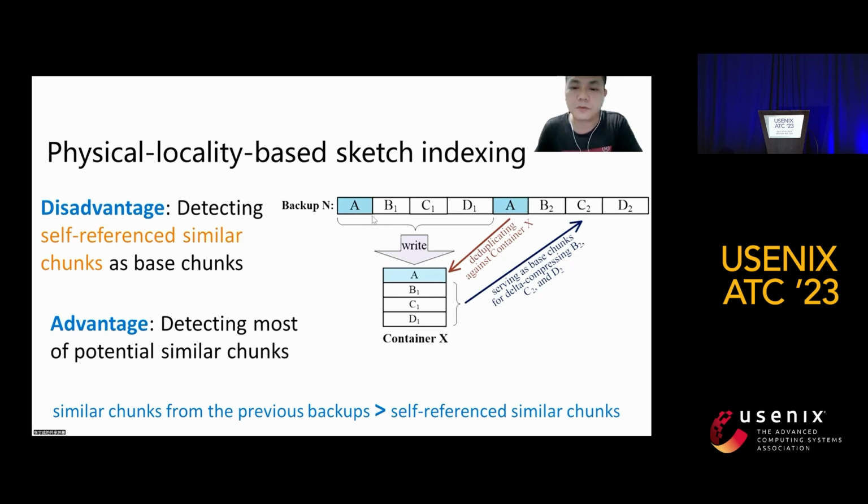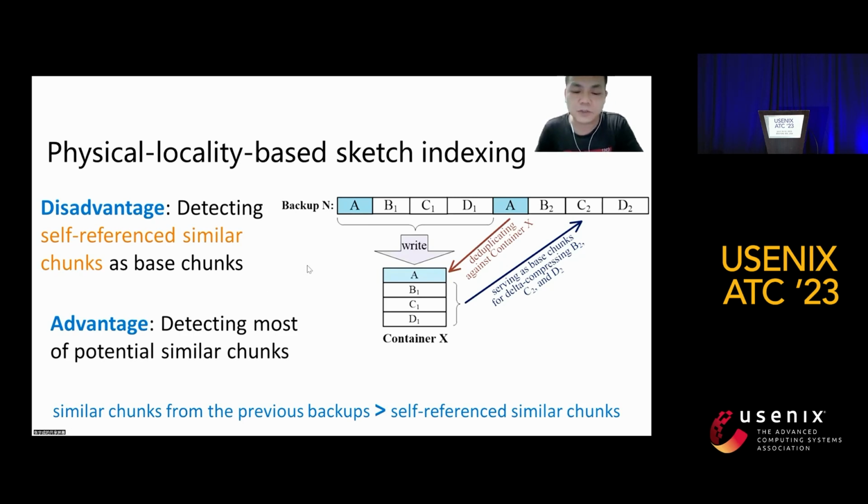The first 4 data chunks are stored in container X. When deduplicating the second A, the system will select container X for deduplication because of a previous copy of chunk A. Then the sketches of data chunks in container X are indexed, and B1, C1, and D1 are detected as base chunks for data compression of B2, C2, and D2.